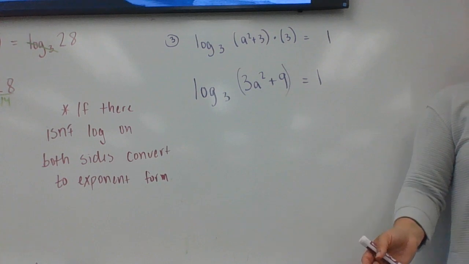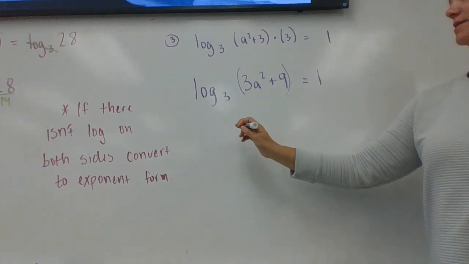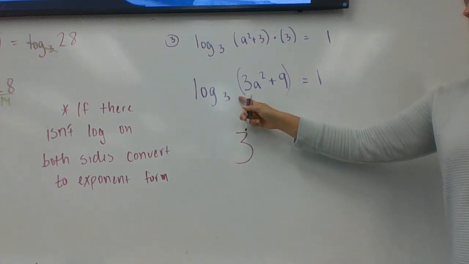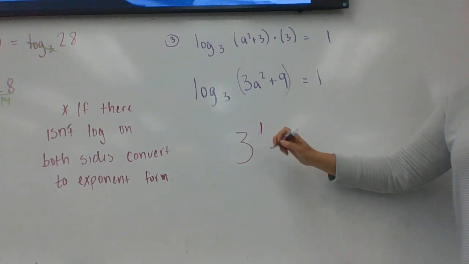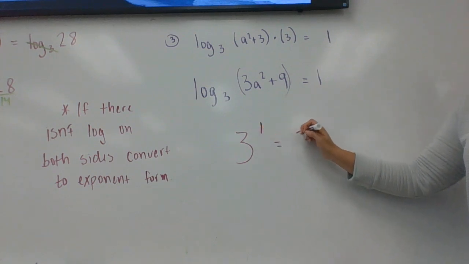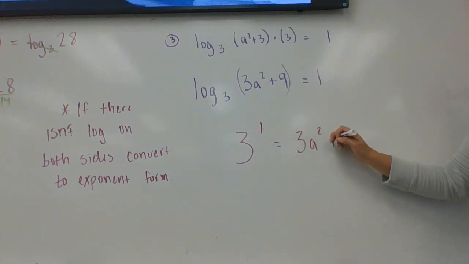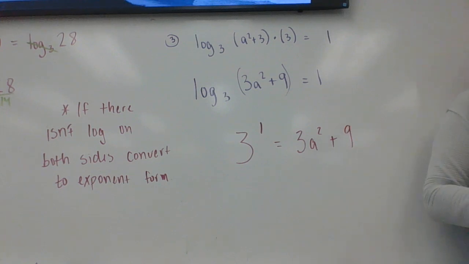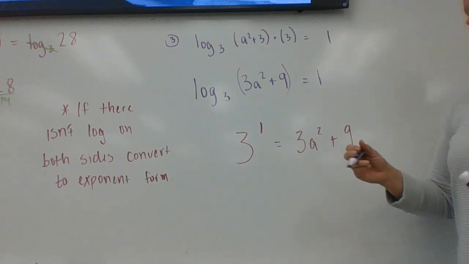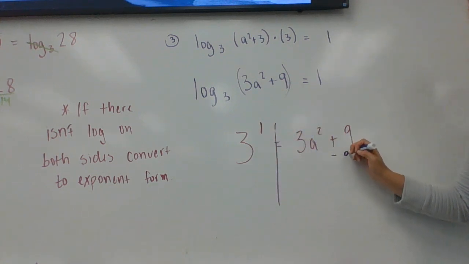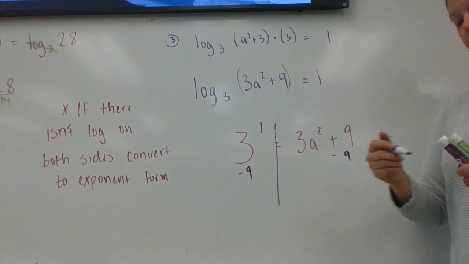I know right now you're stuck not thinking of it, but I can write this as a big base 3. Logarithm, solve for exponent, so the exponent is 1, equals 3a squared plus 9. And now you don't have log anymore. This is no longer a logarithmic equation. It's now quadratic. And I'm going to solve by square rooting. Minus 9 on both sides.